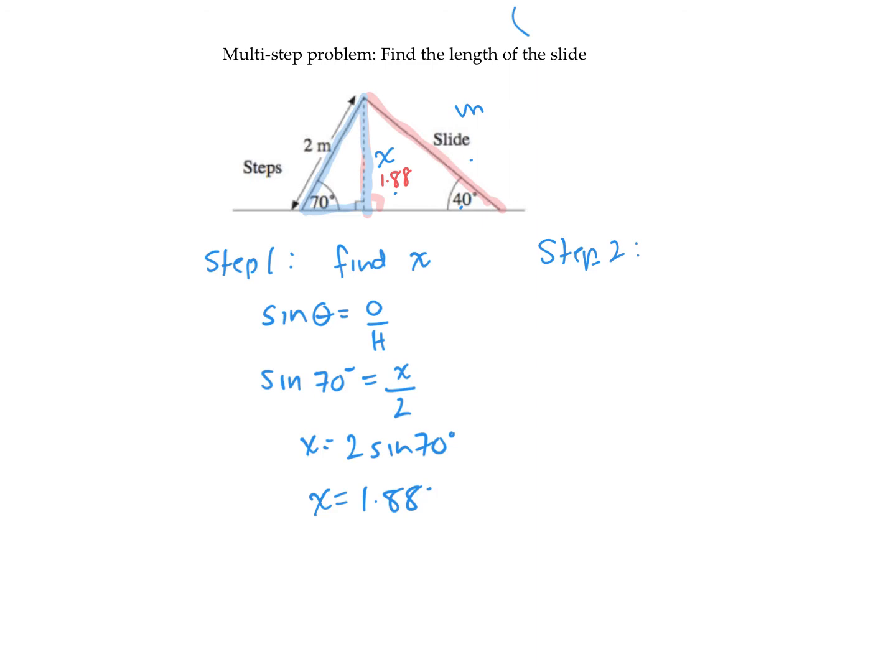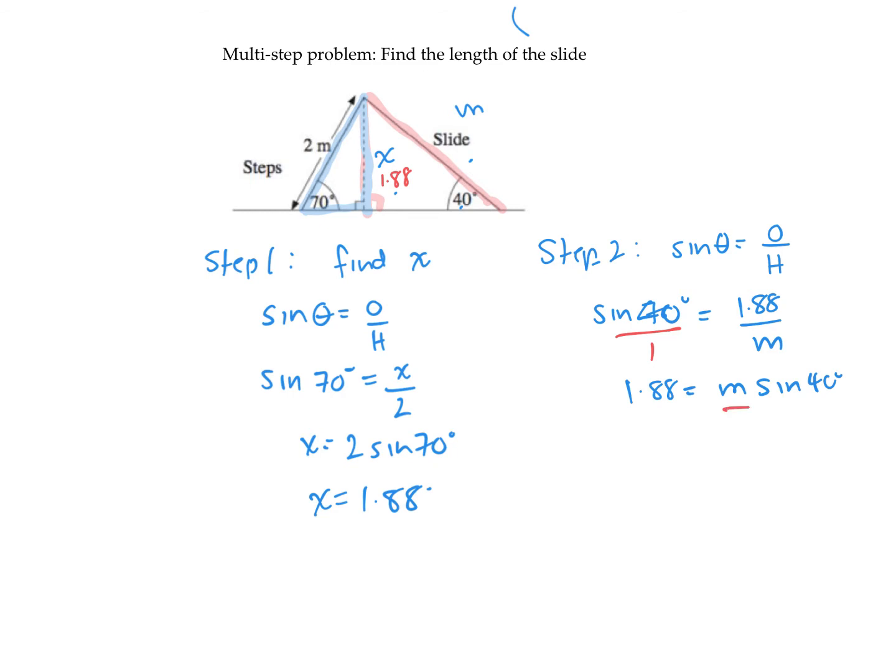The slide is the hypotenuse of that, so I'm using sine again. Fill in what I know: the angle is 40, opposite I just found as 1.88, and we're looking for the measure of the slide. If we cross multiply, we get 1.88 equals m times sine 40.